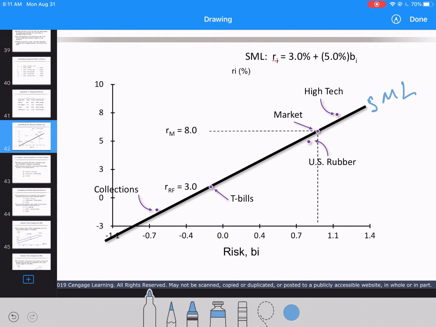On the other hand, if US Rubber and other securities are below the line, people see they are overvalued, they will sell, prices will fall, and they move up to the SML. So in the long run, all securities are expected to lie on the SML, but in the short run there can be securities above and below the SML.